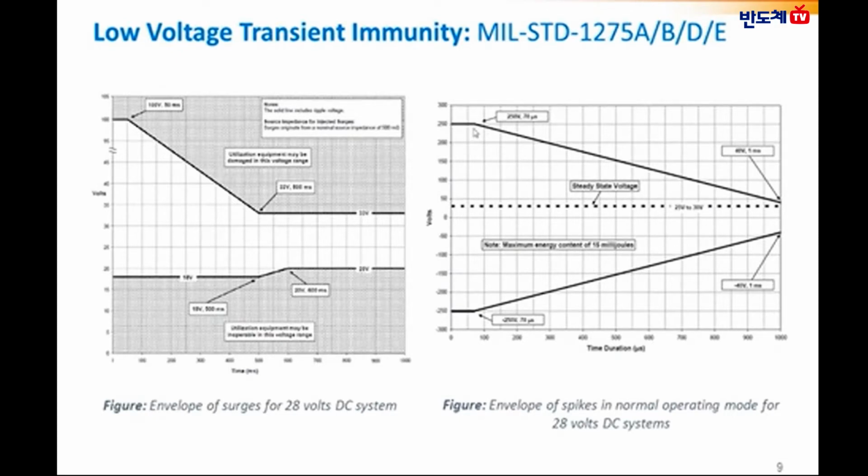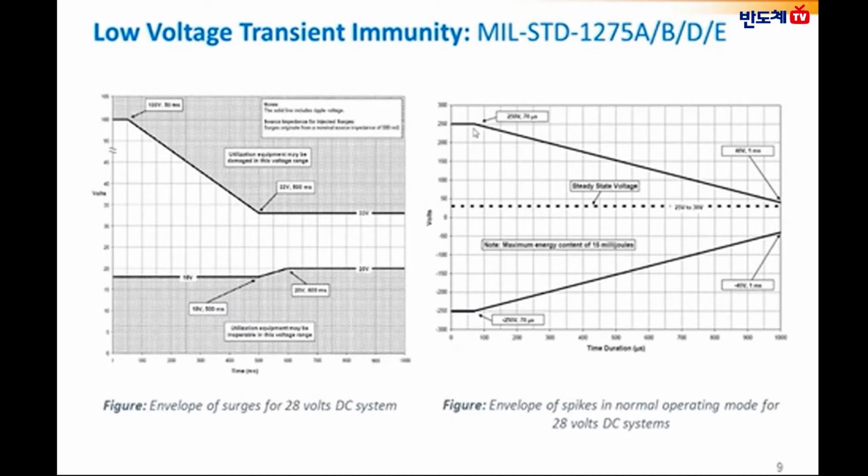The figure on the left shows the envelope of surges for a 28 volts DC system, whereas the over voltage transient is for a 50 millisecond duration with an amplitude of 100 volts, and the under voltage transient has an amplitude change from 18 volts to 20 volts in 100 millisecond duration.